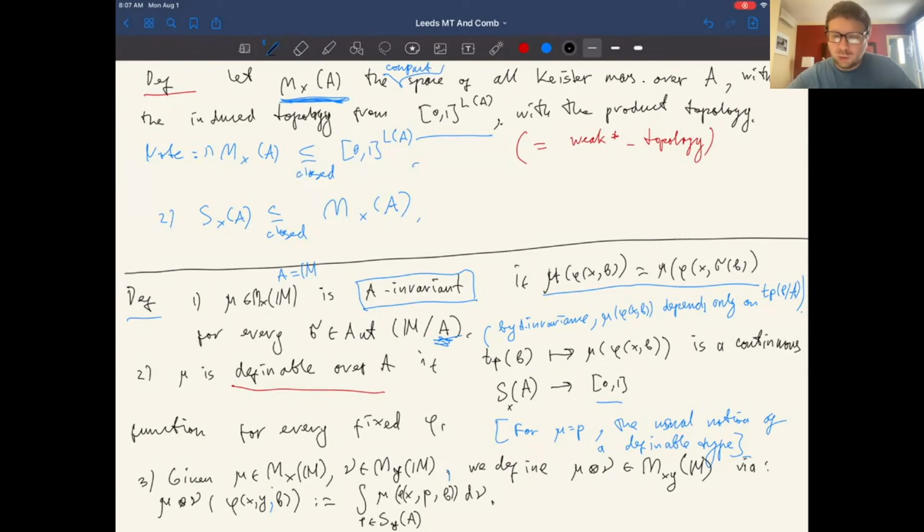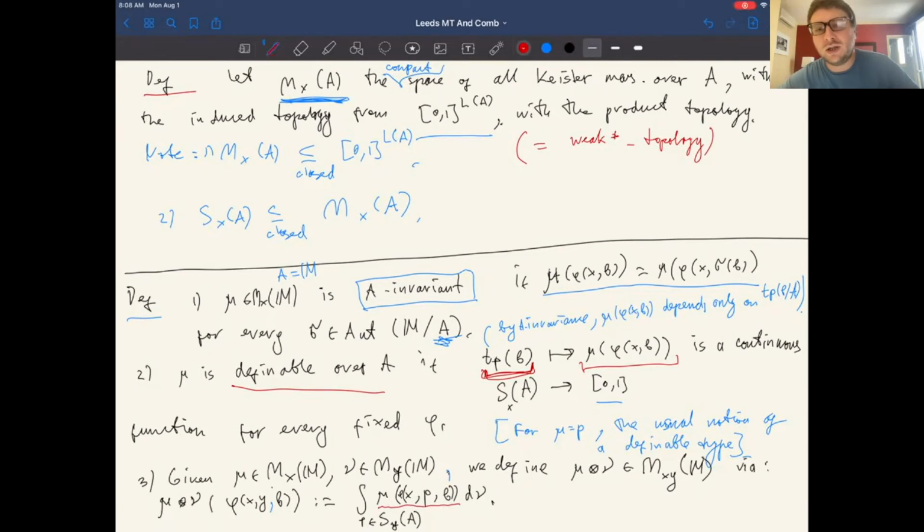Now, why am I allowed to put the type there instead of the actual parameter? Well, by what we just discussed, if the measure is definable, or even just invariant, we know that the measure here depends only on the type of the parameter. And this, moreover, is a continuous function. So this integral makes sense, because we have a continuous function which depends on p, where p varies over types over a.